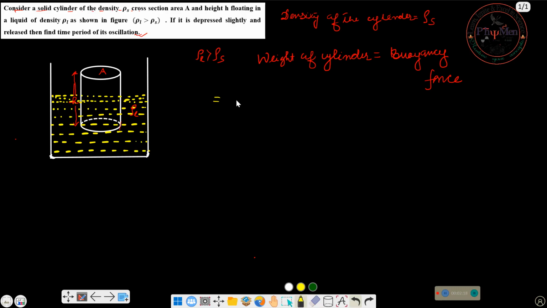Now what will be the weight? Weight is the mass of the cylinder into g, which is equal to the buoyancy force.